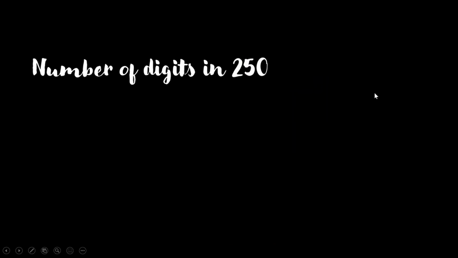Now let's see how, without the calculator, without even calculating, we can predict the characteristic. I will show you the trick. For example, the number of digits in 250 is 3, right? This is the ones place, this is the tens place, this is the hundreds place. So the total number of digits is 3.